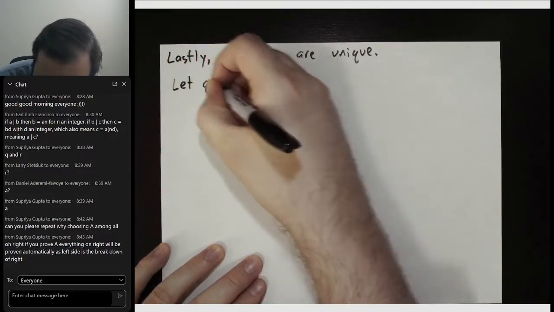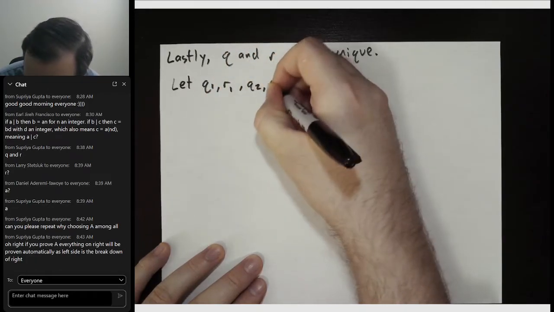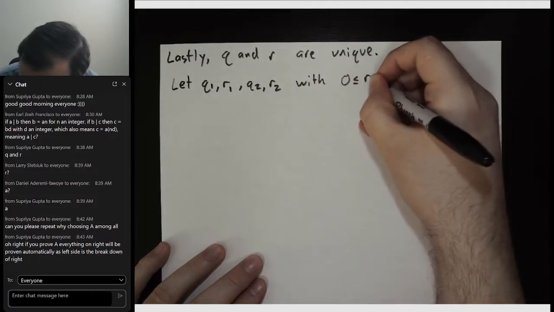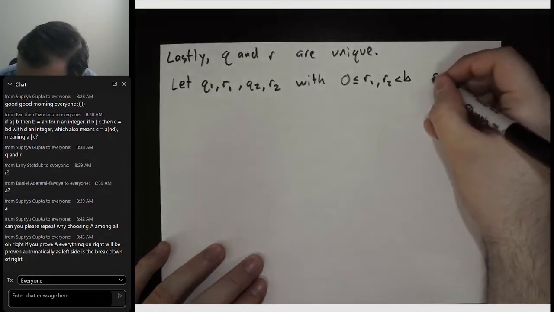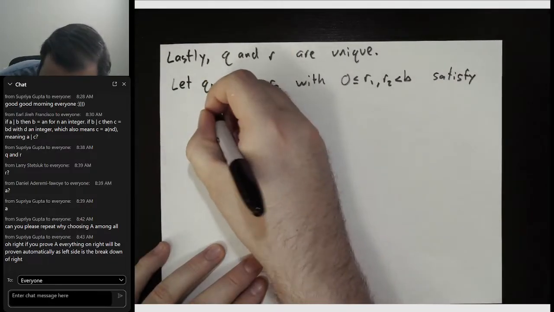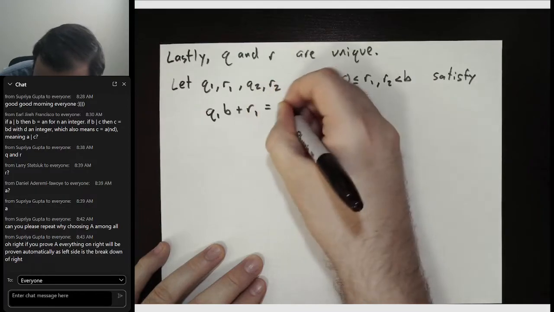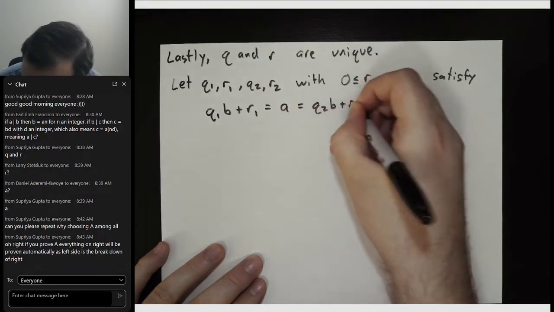Let Q1, R1, Q2, R2 with 0 less than or equal to R1, R2 less than B satisfy Q1B plus R1 is equal to A, which is equal to Q2B plus R2.